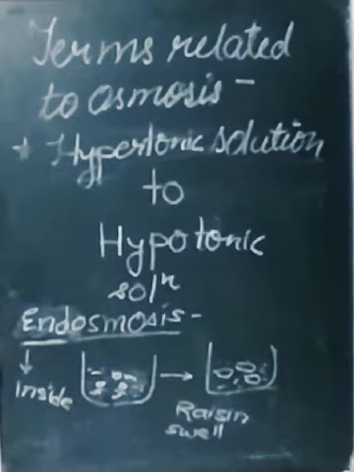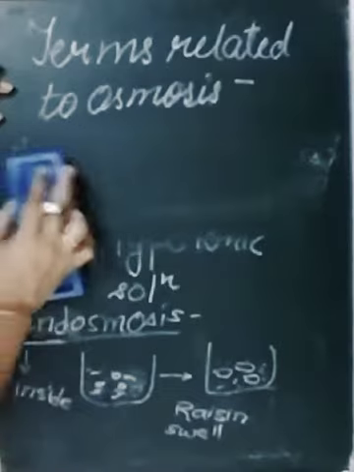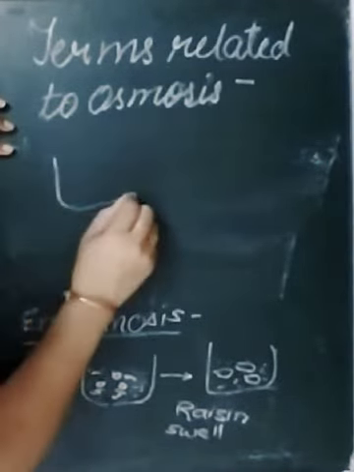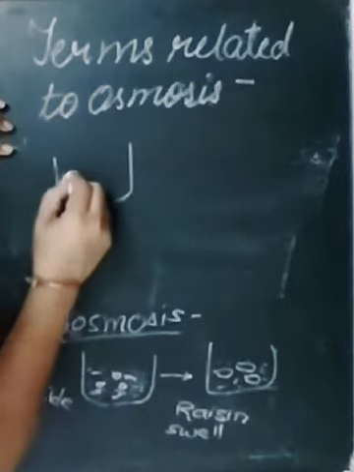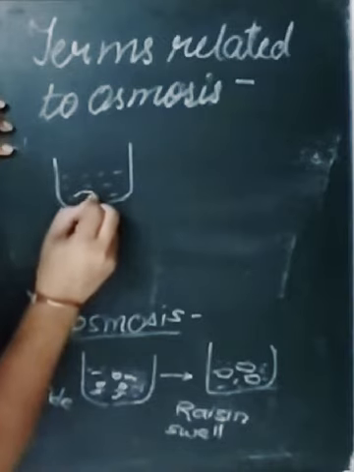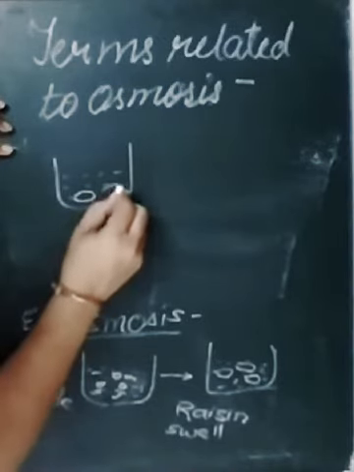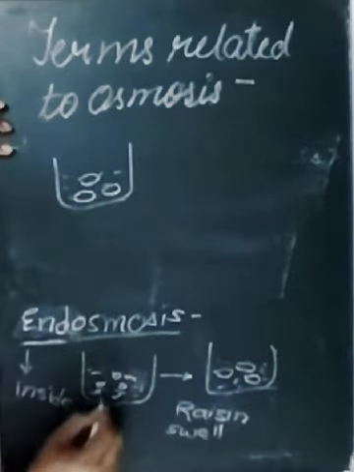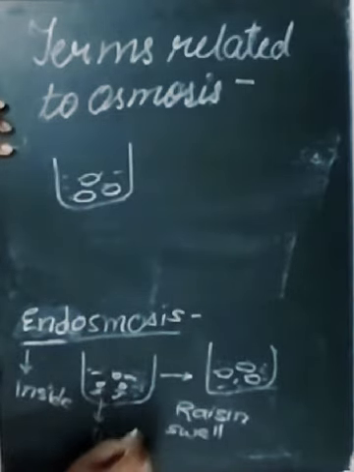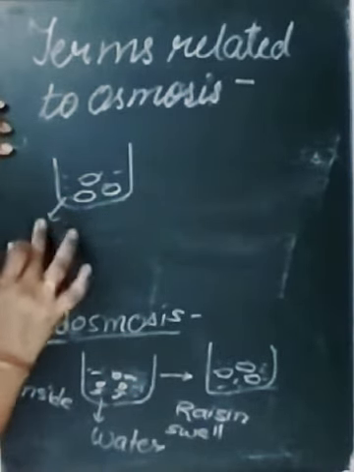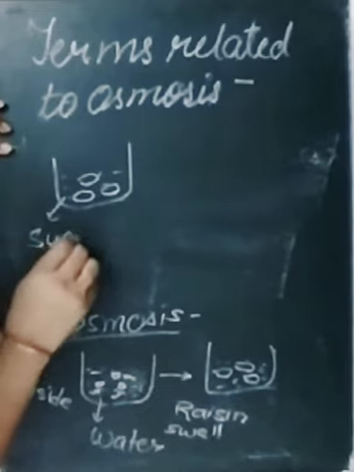Now what is exoosmosis? Just opposite of endoosmosis. Now you have taken a trough or watch glass or beaker, that is a vessel, in which you have kept this swollen resins in sugar solution. Here it was water, and here we will find it is sugar solution having more concentration.